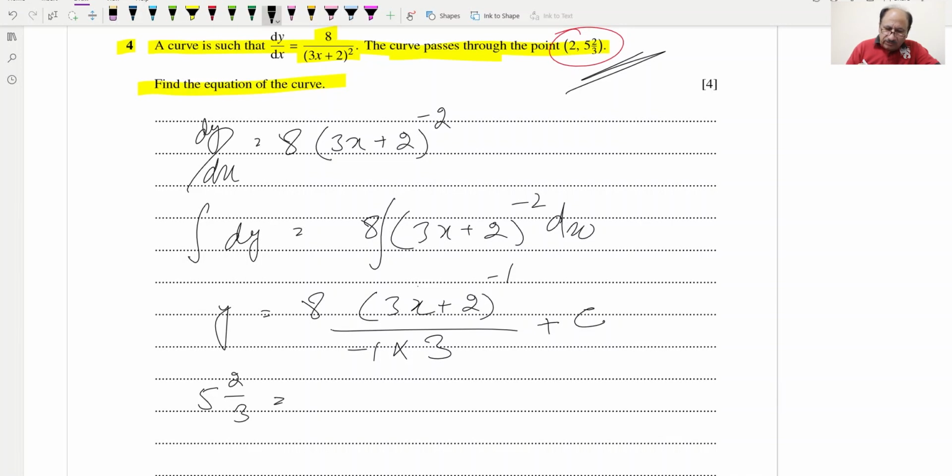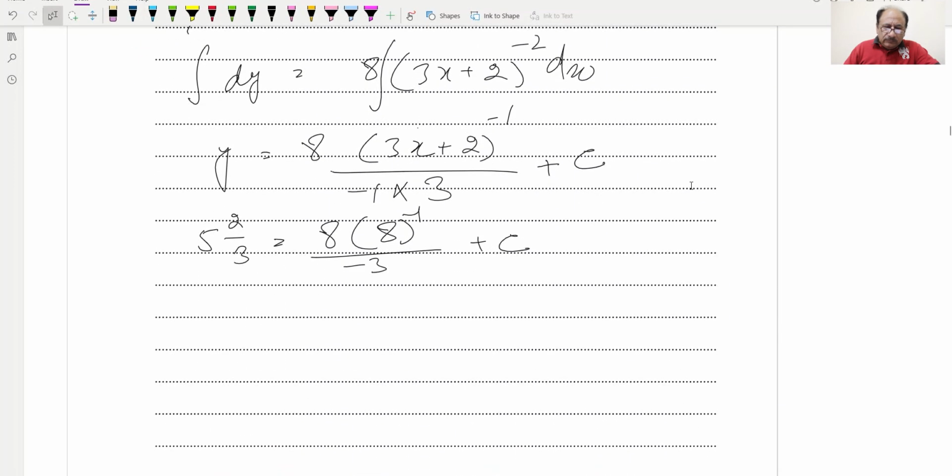So 5 whole 2 by 3 is equal to 8 into 3 into 2, which will be 6. 6 plus 2 will be 8. 8 raised to minus 1 divided by minus 3 plus c, and now we can simplify, and c will be equal to 5 whole 2 by 3, and this minus will shift to plus, and 8 into 8 inverse will be basically 1, so we can write 1 over 3.